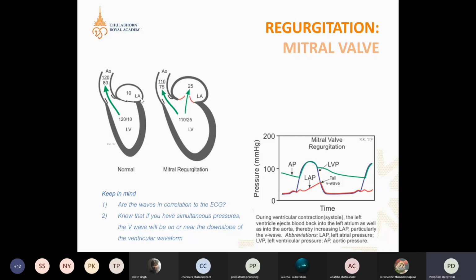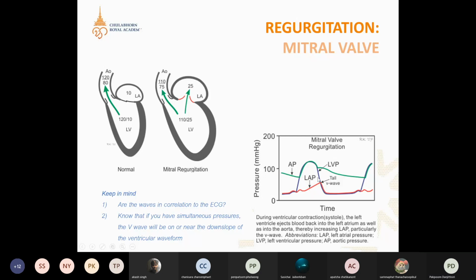So the preceding chamber of the mitral valve is the left atrium, right? And the following chamber of the mitral valve is the left ventricle. If you are focusing on the mitral valve and you know that it occurs during the systolic phase, when you look at the diagram you can just focus on the systolic phase over here.